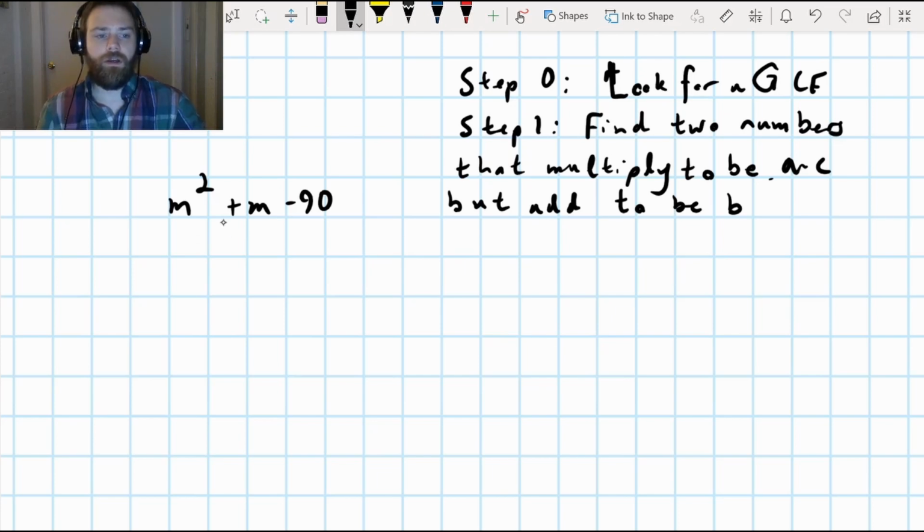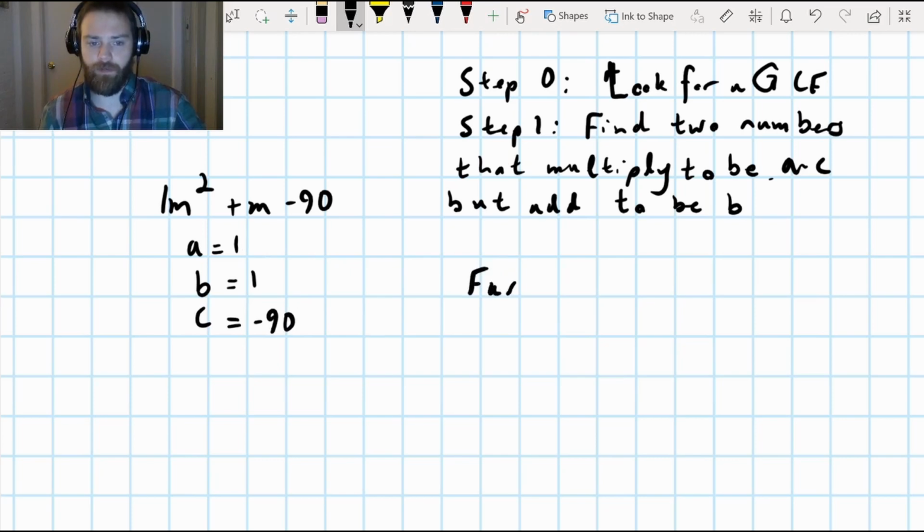So whatever is up here, I better have m's at the end and not x's, okay? So a times c, I would need to find my a, which is 1, right? My b, which is also 1, and my c, which is negative 90. So I'm looking for factors of a times c. So 1 times negative 90 is negative 90. So I'm looking for factors of negative 90.